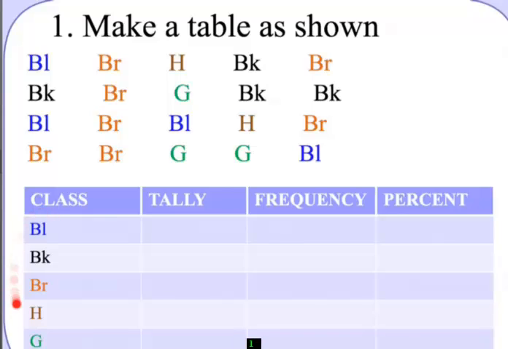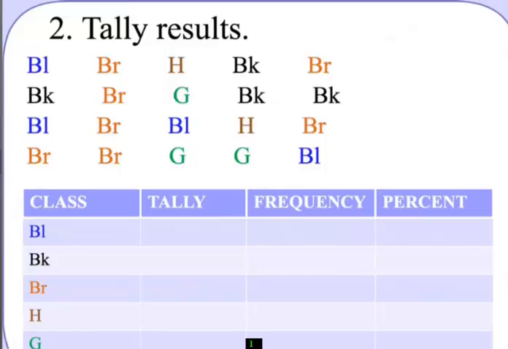So all I've done so far is put down all of my categories that I was given. Then I'm going to look for the tallies. For the tally, I am literally going to come through here and say, okay, this person falls in the blue category. This person has black eyes, so they fall under the black category.